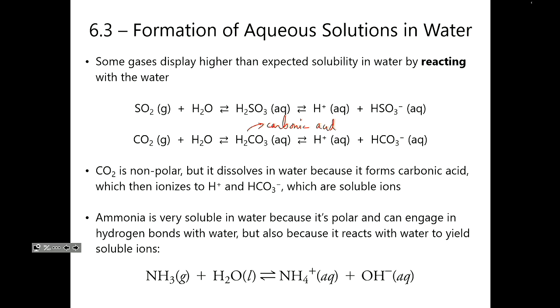So ammonia is another example of a compound, very polar, very soluble in water, but not only that, the solubility of ammonia is enhanced by the fact that ammonia will react with water to produce ammonium and hydroxide ions.